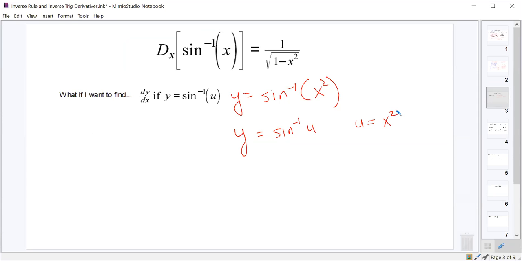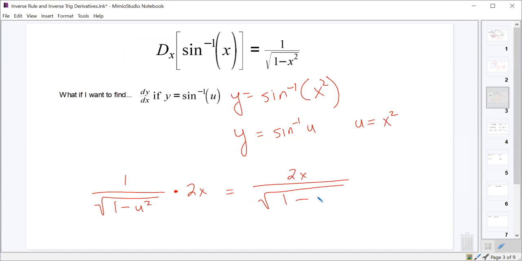And so we would use this formula, 1 over root 1 minus u squared times the derivative of u, which is 2x. And we get 2x over the square root of 1 minus x to the 4th. Good or no?